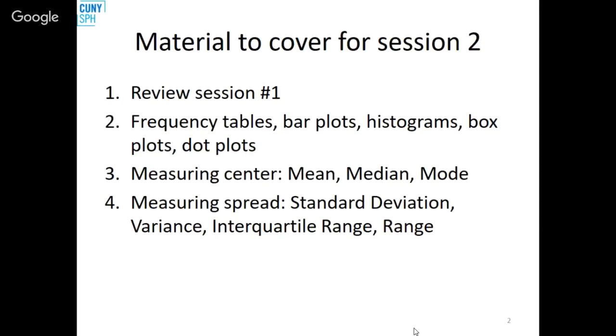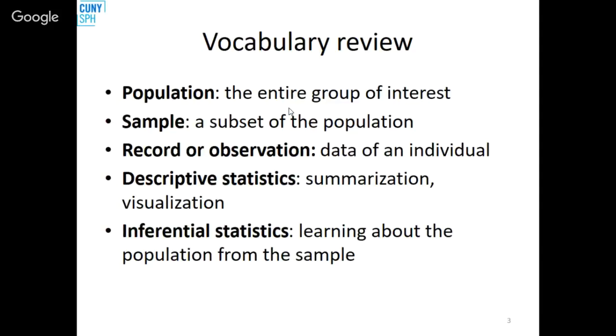Nominal being it's not a number at all. Ordinal meaning that it is categorical, but it has an order, and then numerical and discrete. So we're going to go over today a number of different methods for looking at all of those, which we started talking about last time.